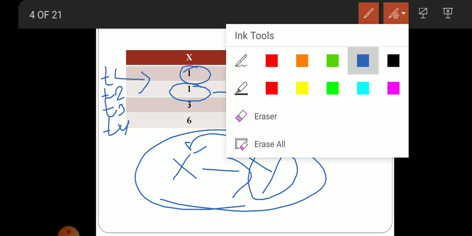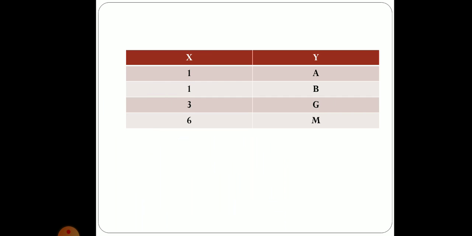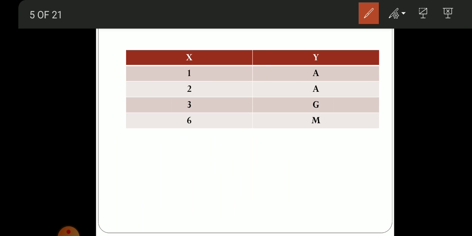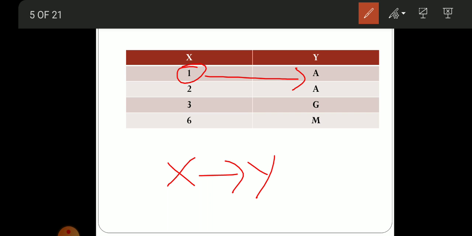Right? Now let's take this case. Here I have taken different values of X. Now if we talk about the same functional dependency X to Y, let's check tuple 1. Tuple 1 has the value of X as 1, and according to 1 the value of Y is A. Now again check the value of X. This time the value of X is 2 and the value of Y is A. That is okay, right?